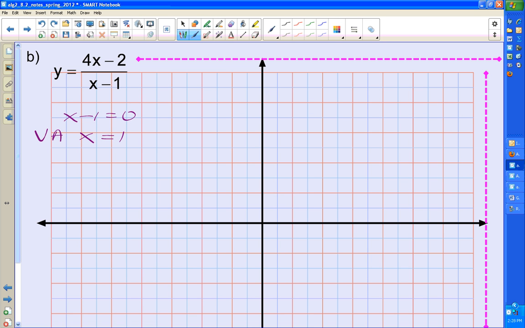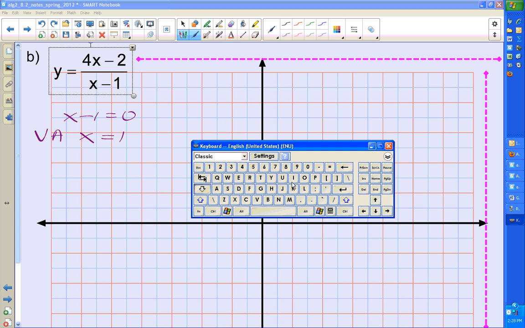Okay, don't make the bottom complicated. The vertical one's easy. For the horizontal asymptote, cover up everything except for the term with the highest power on your variable. In this case, it's a 4x on the top and an x on the bottom. When you cover this stuff up and reduce, what do you get as an equation? Y equals 4.